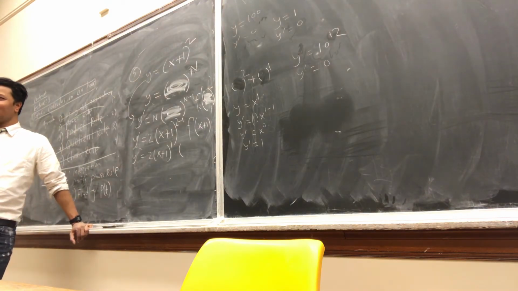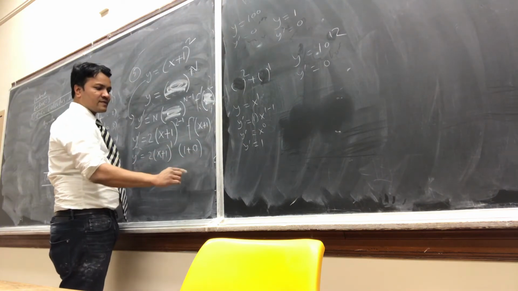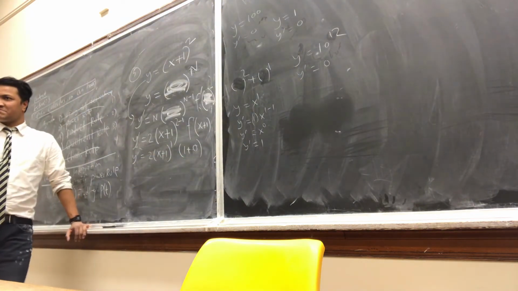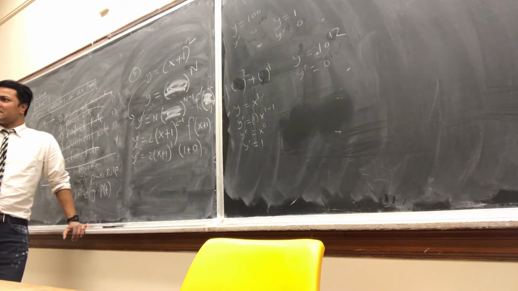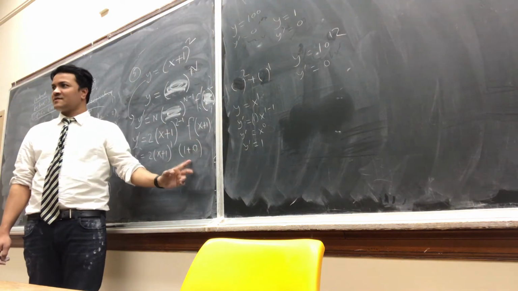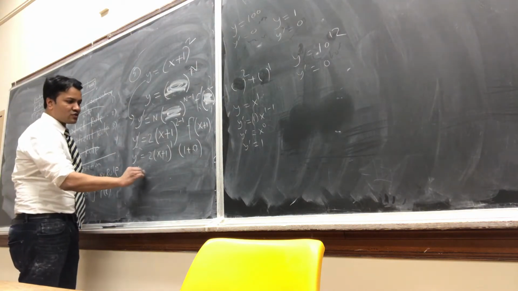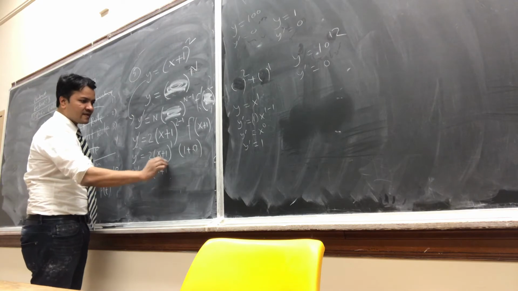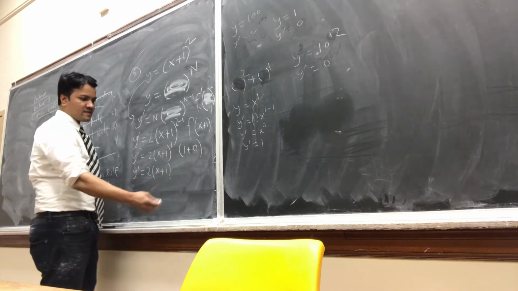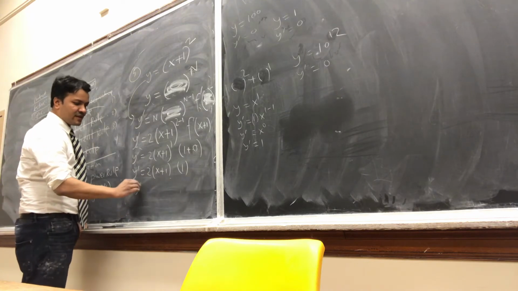Does that make sense? If you are not happy, write 1 plus 0. That's also correct, right? Derivative of x is 1 and derivative of 1 is 0. So y prime is equal to 2 times x plus 1 times 1 plus 0, which is 1.